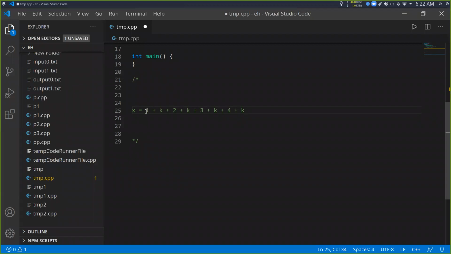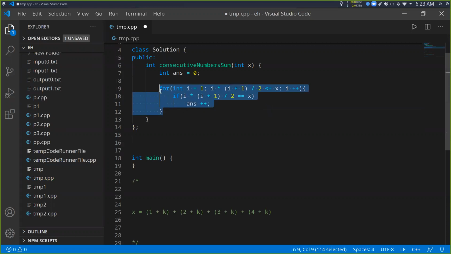So do you see that these are consecutive integers? Let's put brackets here. So for sure these are consecutive integers, right? It's k plus 1, k plus 2, k plus 3, k plus 4.